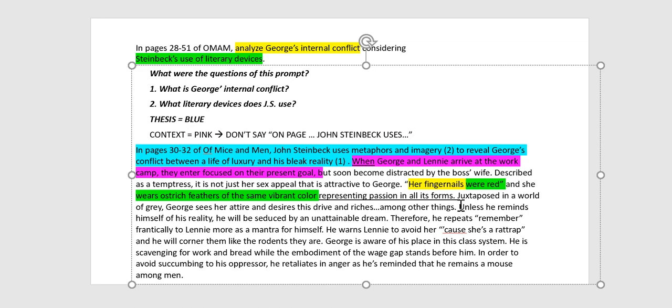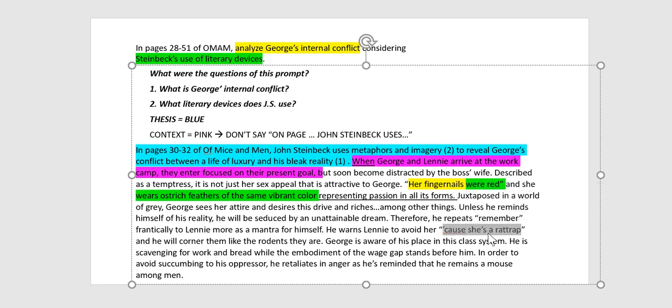Unless he reminds himself of his reality, okay, again, touching back to the thesis, he's torn between reality and riches, he will be seduced by an unattainable dream. Therefore, he repeats, "remember," frantically to Lenny, more as a mantra for himself. He warns Lenny to avoid her because she's a rat trap. Okay, evidence of metaphor.